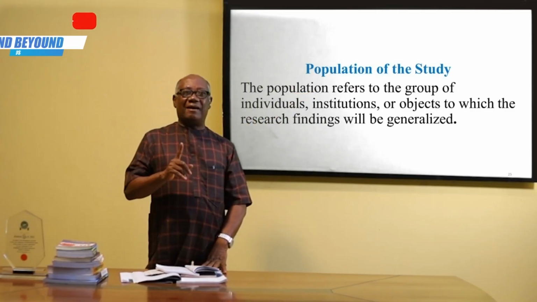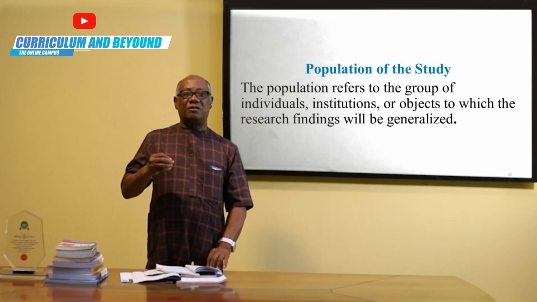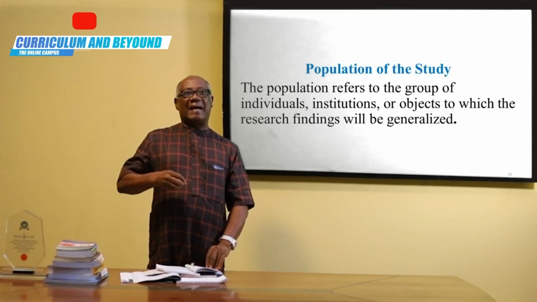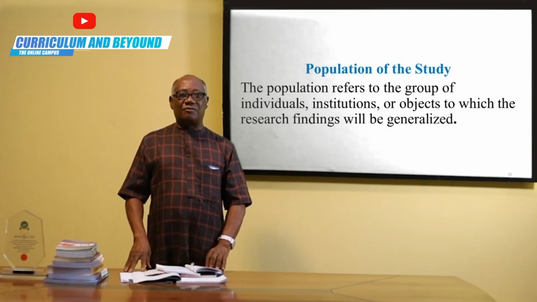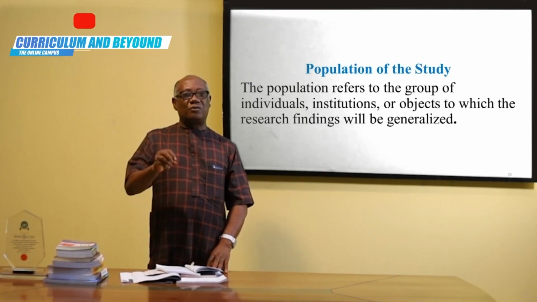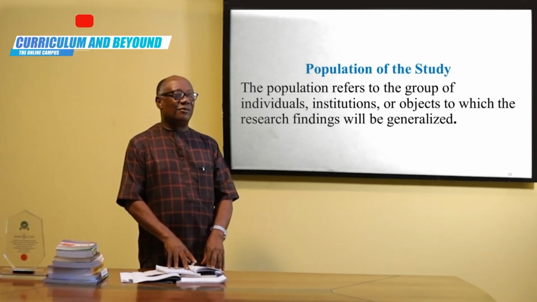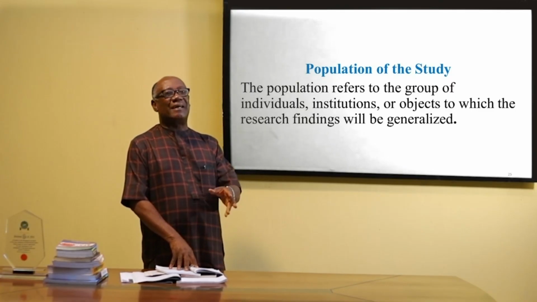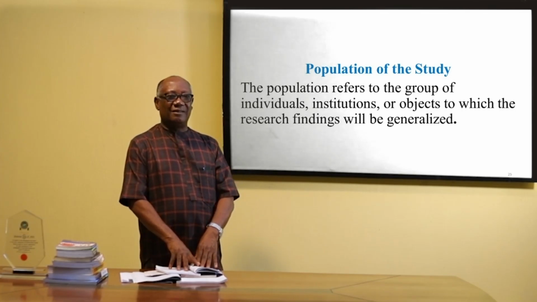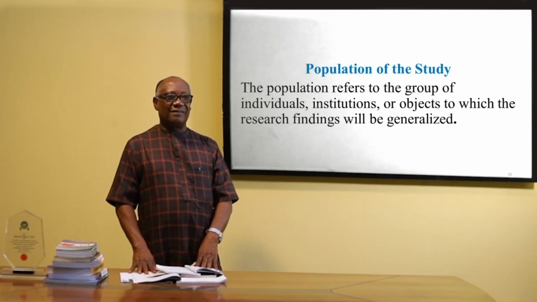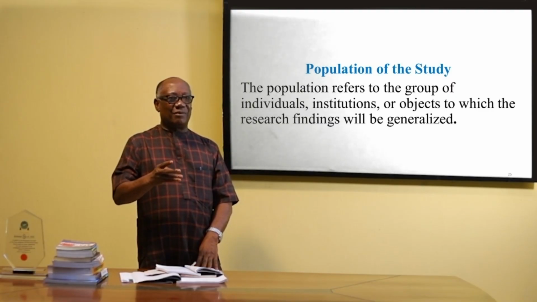Now, there is an error that is common with research reports that I have read from many students. When you go to research population, they start by telling you that the population is 1,256 students. That is an error.